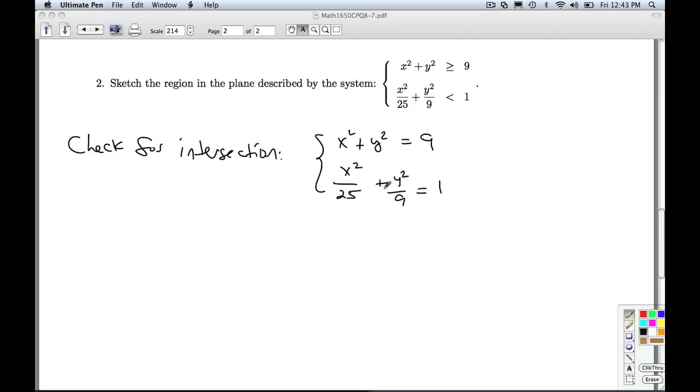Is it possible to multiply by a number so that we can cancel off a variable? And the answer is yes. I can multiply the second equation by a -9. So multiply both sides by -9.